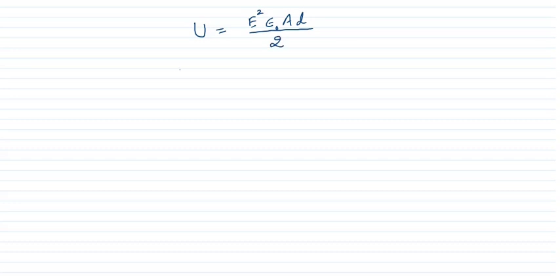Now if we bring this A here, then it will become U divided by A is equal to 1 by 2 epsilon naught E square D.